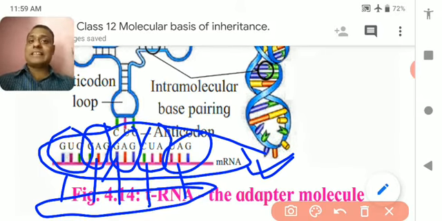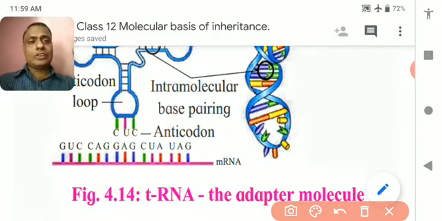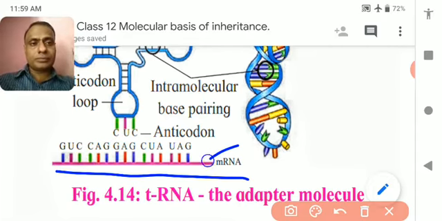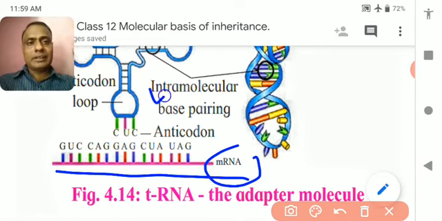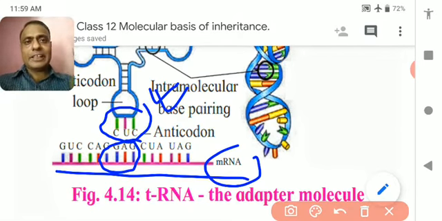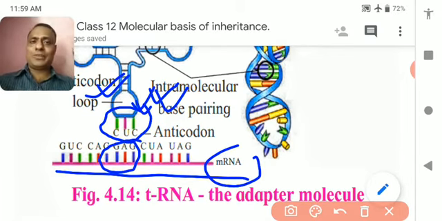I am repeating the same thing many times to make you understand. Remember this. So these all are the code, and the tRNA reads the code by their anticodon loop. So this loop is called the anticodon loop.